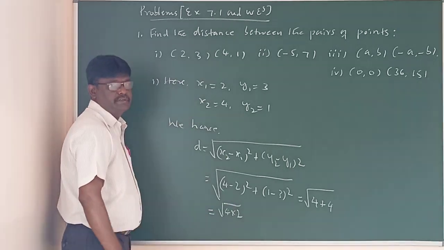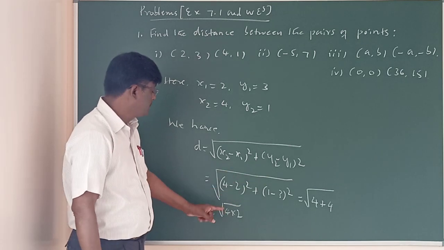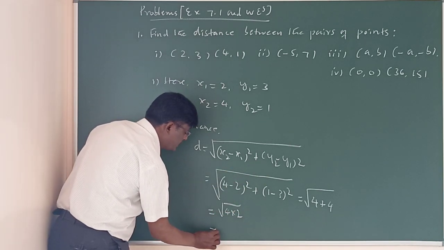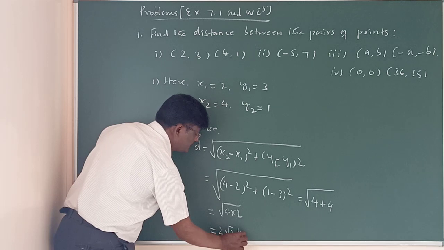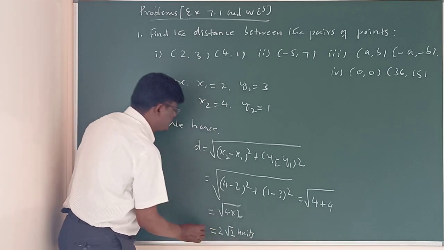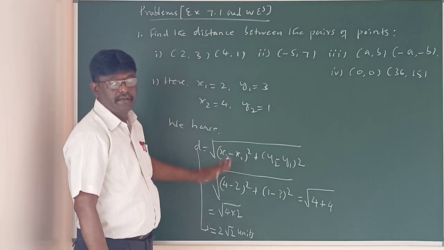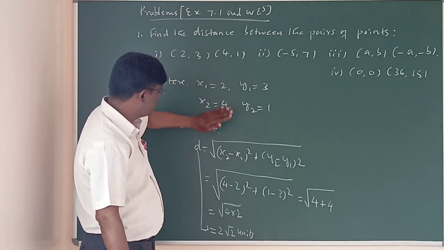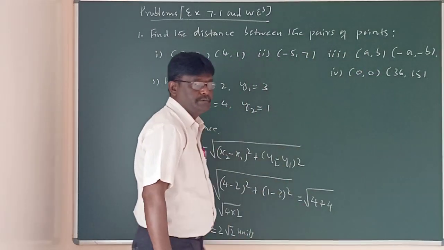Both are the same. But if you write 8, once again you have to split. We don't want that. So 4 into 2. Therefore, finally, what is the square root of 4? 2. Take that out and we get root 2 units. So this is the distance between the given points in a Cartesian plane. In the same way, by using this, try all of these. Okay, children.